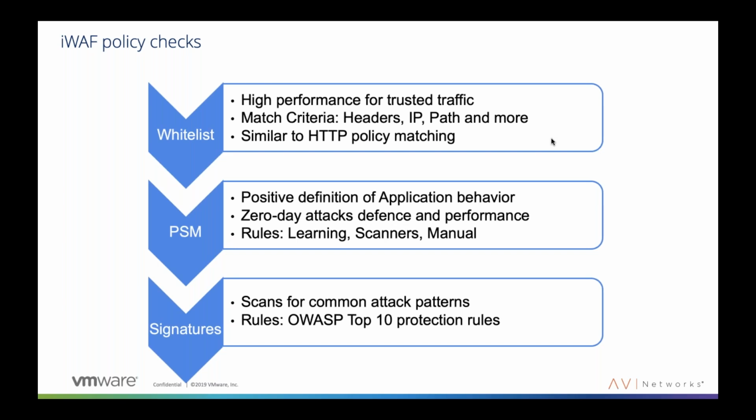You have many match criteria here, and it's very similar to all the other previously mentioned policies in layers 3, 4, and 7 in the security stack. Then the next step will look into the positive security here. That is the positive definition of the application behavior.